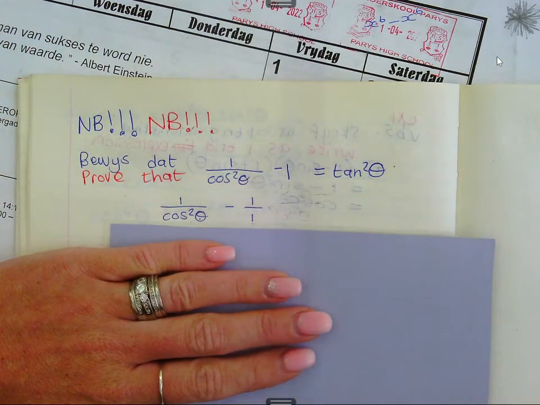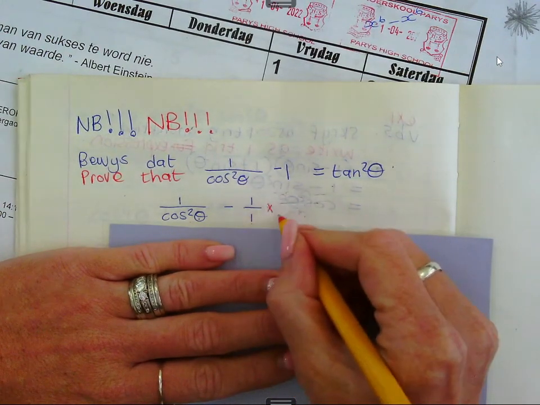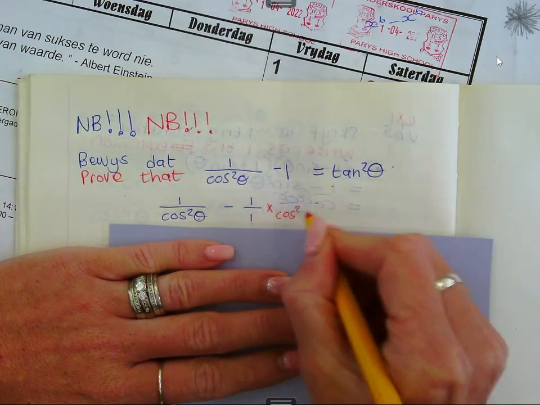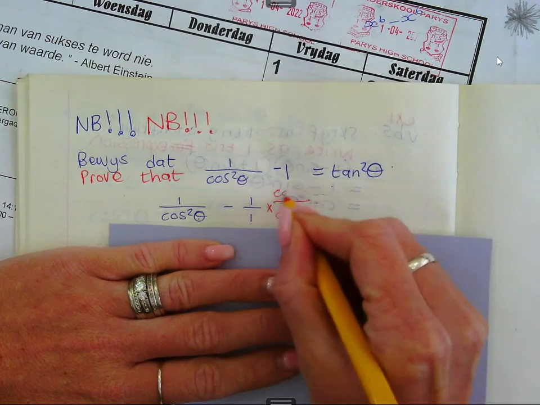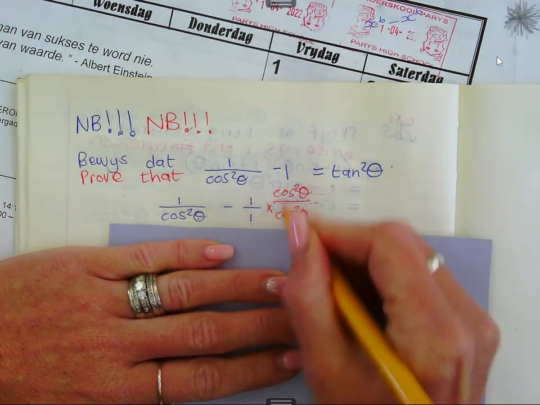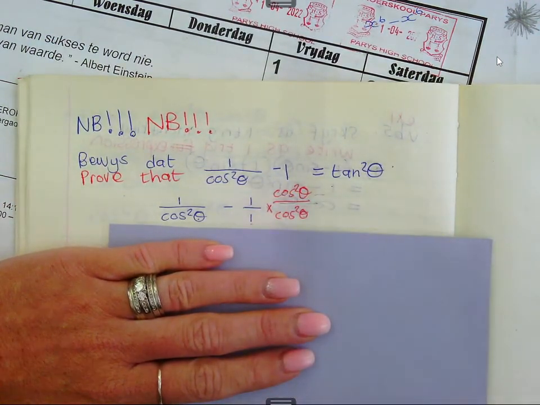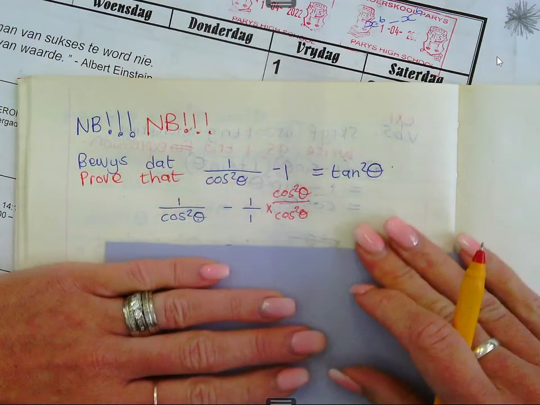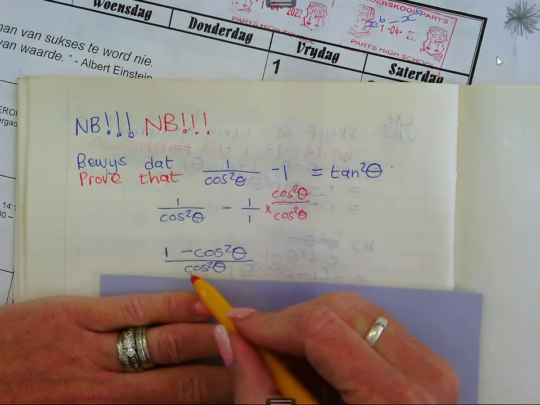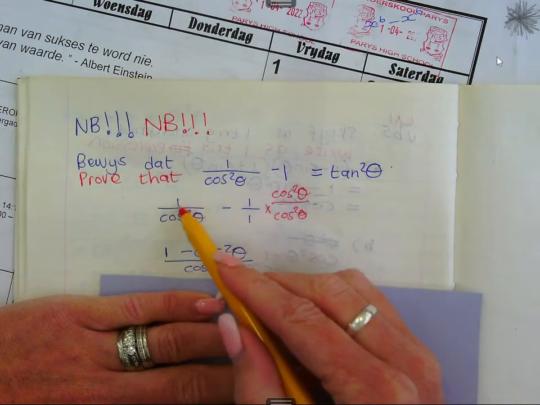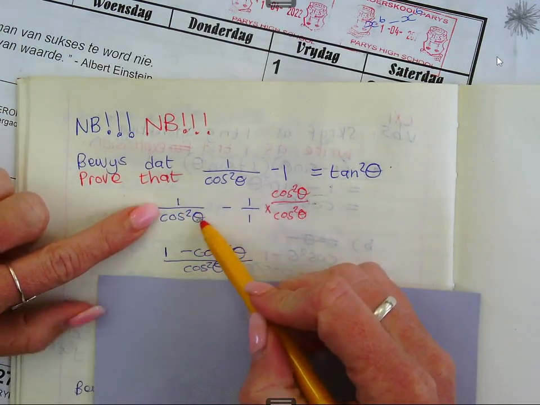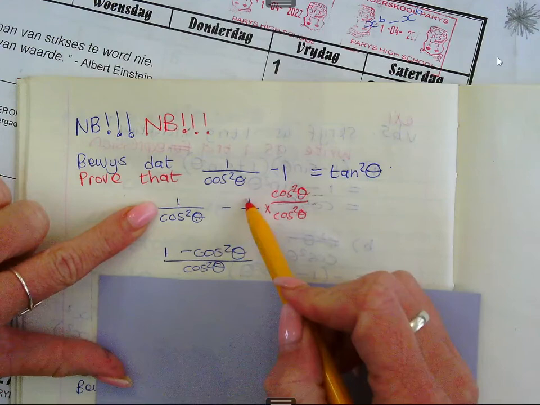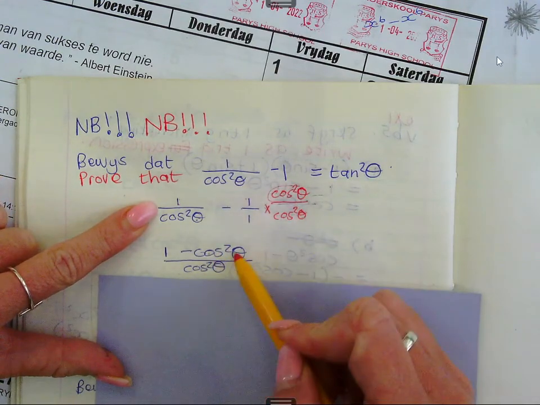Now I just want to show you what you're actually doing is you're multiplying this one with cos squared theta, and then you're also doing it at the top, because we're multiplying with 1, so we're not changing the value. So I've got cos squared theta at the bottom. This one didn't need to get anything because the denominator is already fine. But this negative 1 I had to multiply with cos squared theta.